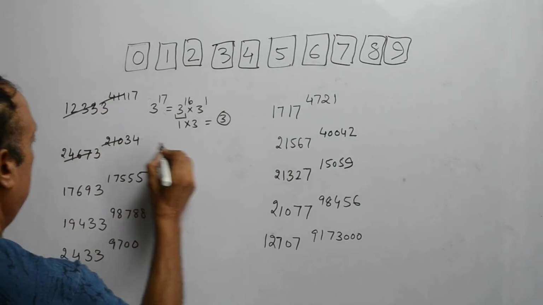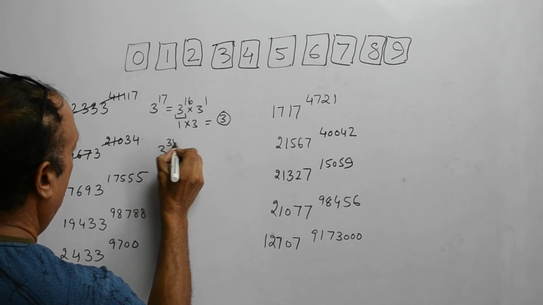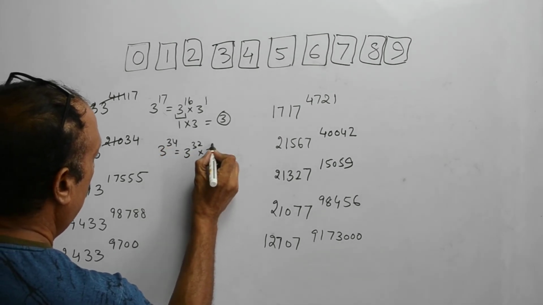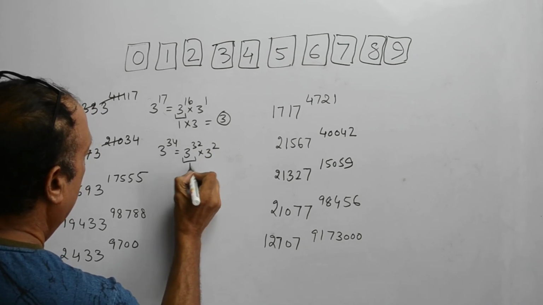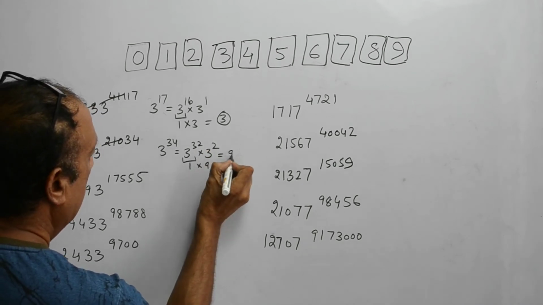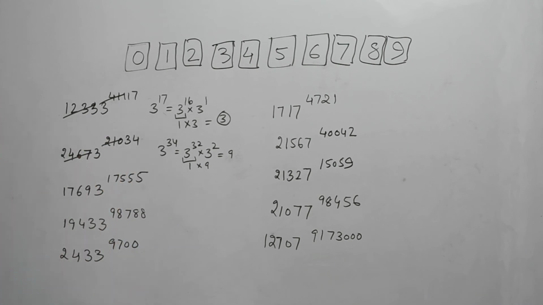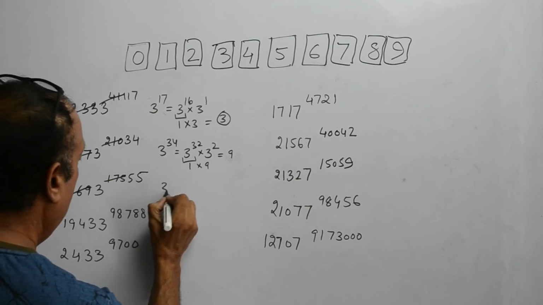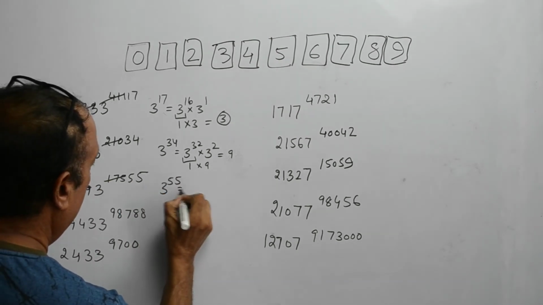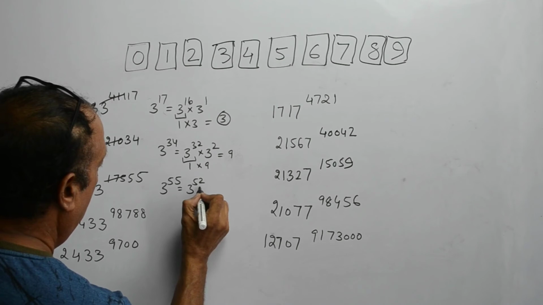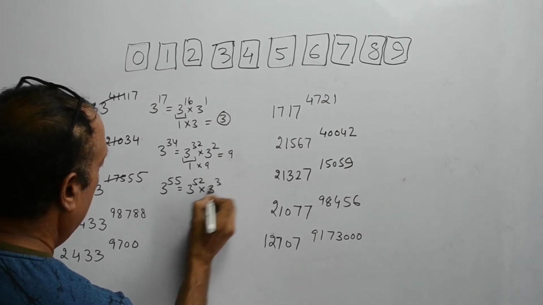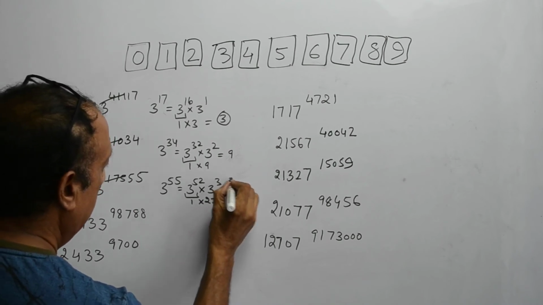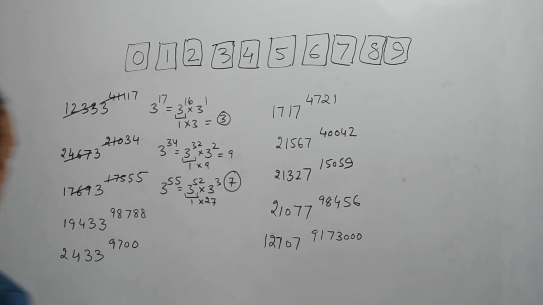So 3 raised to power 34 is 3 raised to power 32 into 3 raised to power 2, 1 multiplied by 9. The last digit of this expression will be 9. So 3 raised to power 55 is 3 raised to power 52 multiplied by 3 raised to power 3. So 1 multiplied by 27. The last digit will be 7.